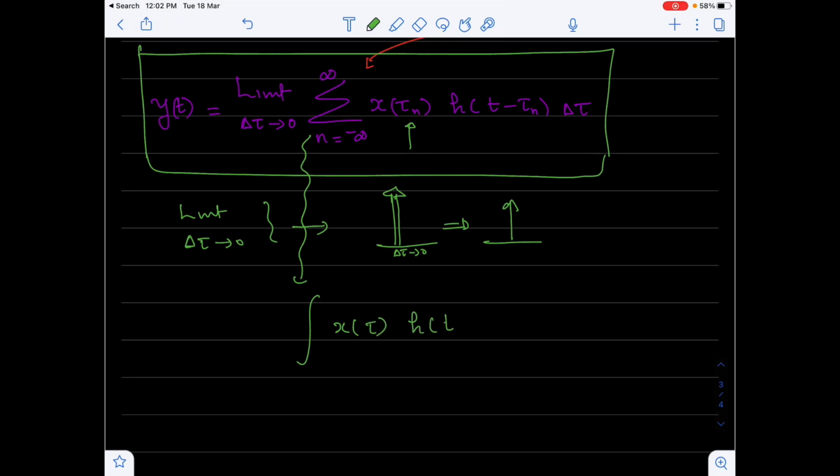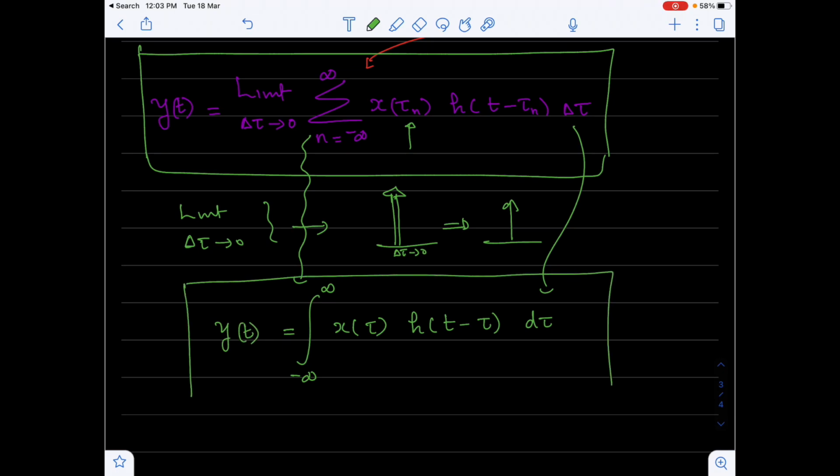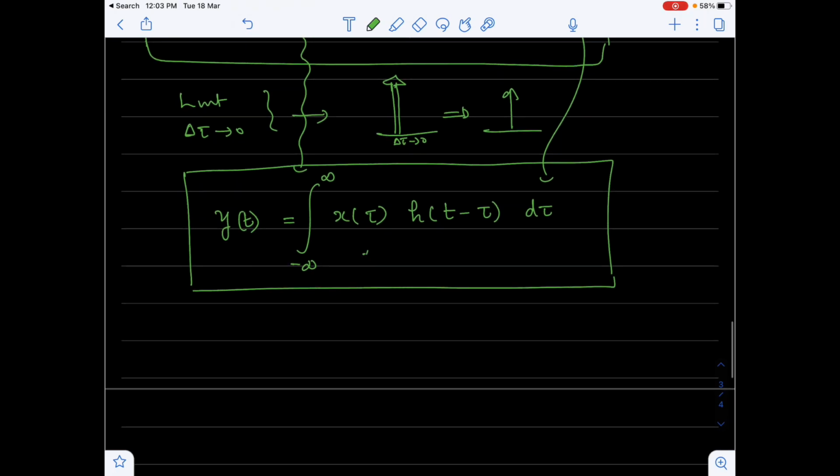Then this will become h of t minus tau, and this one will become d tau, right? And the integration will be from minus infinity to infinity. So this will be my actual output of the system, and this is called the convolution in continuous time linear time invariant system. So this operation is called convolution.